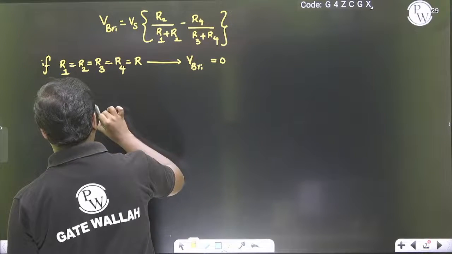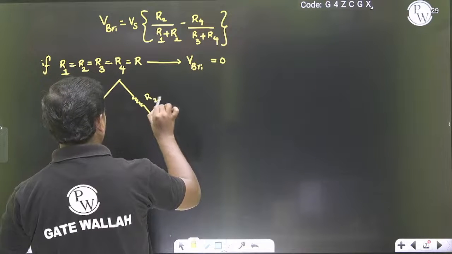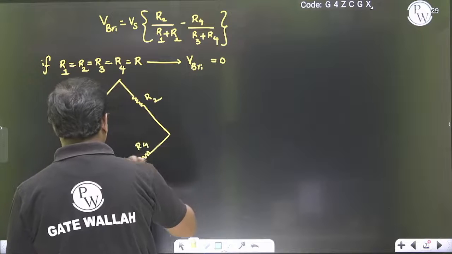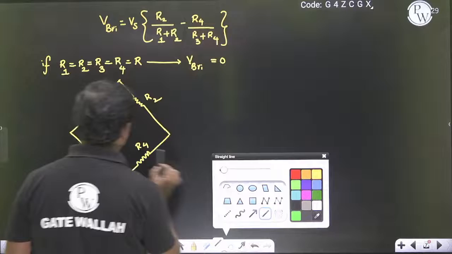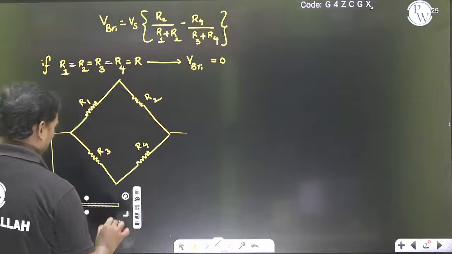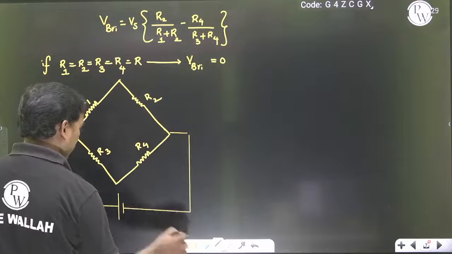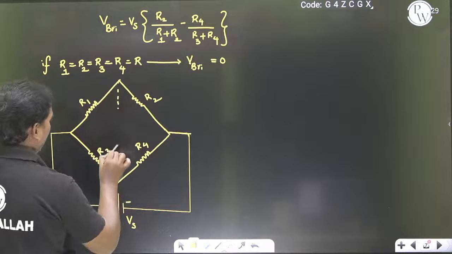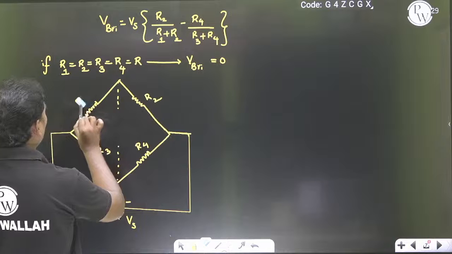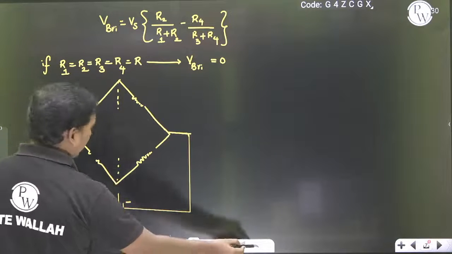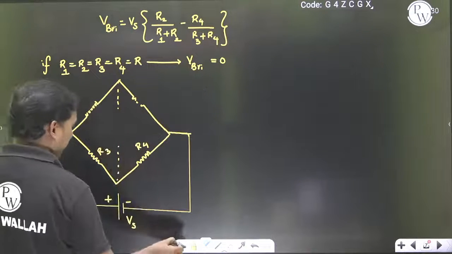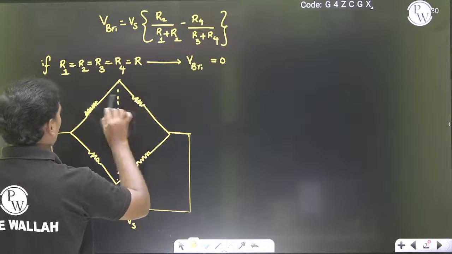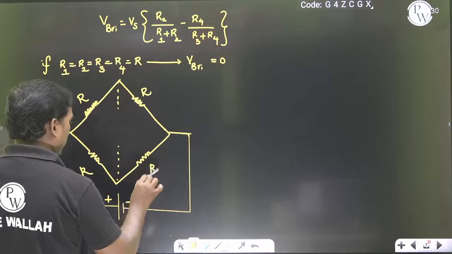So this is our R1, R2, and this is our R3, this is our R4, and this is Vs. Initially R1 is equal to R2 is equal to R3 is equal to R4, all are the same. This is R, R, R, R initially.